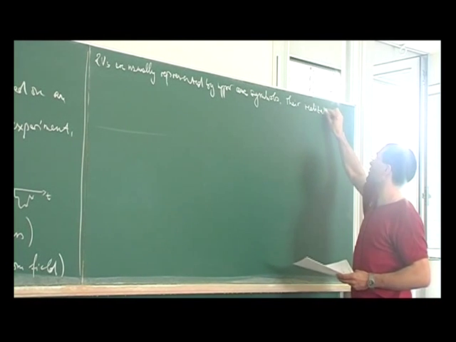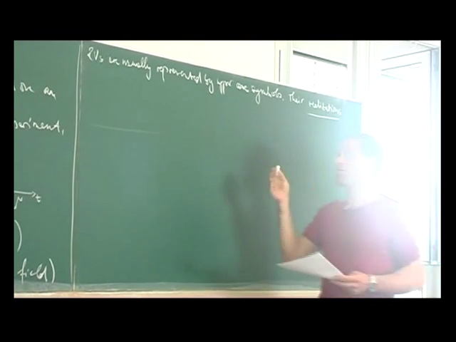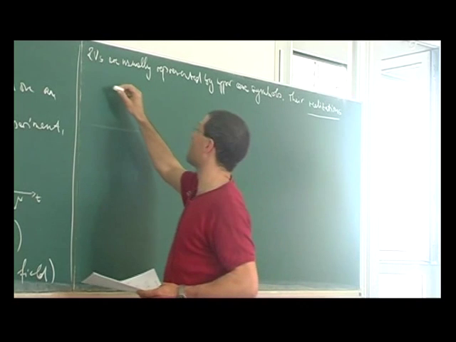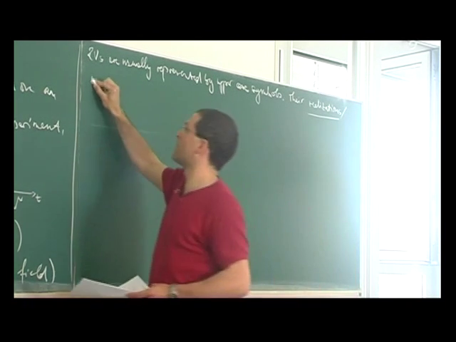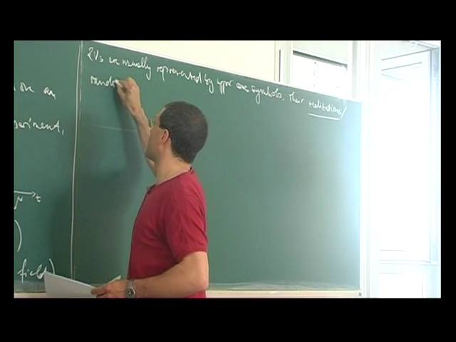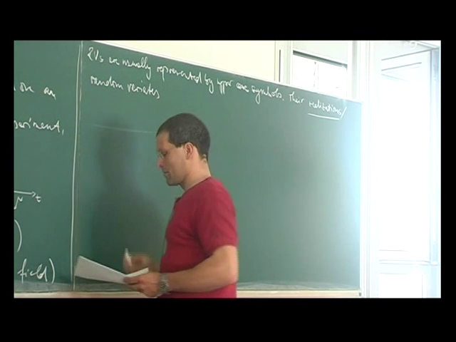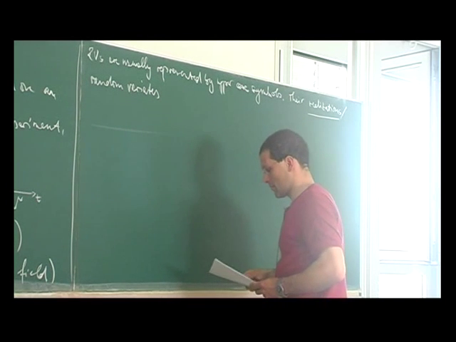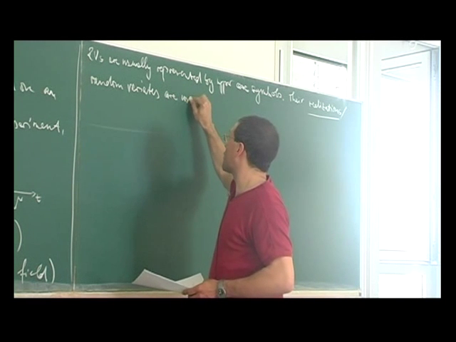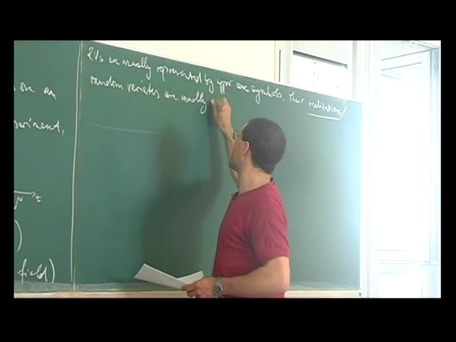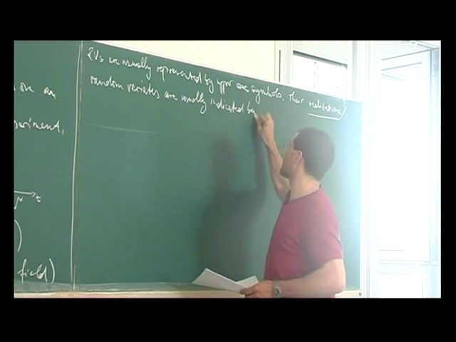So a realization, or sometimes also called the random variate, is usually indicated by lowercase symbols.